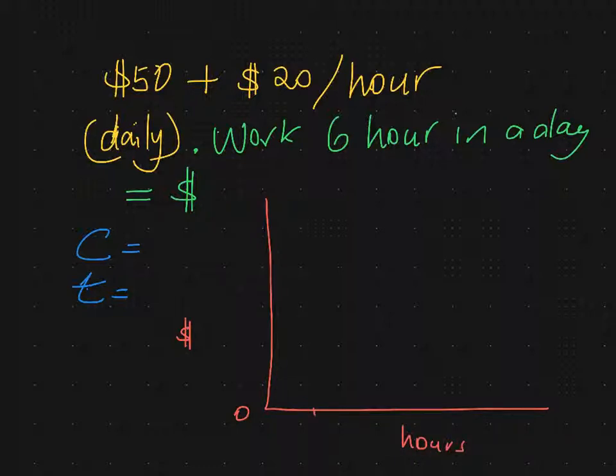So you're going to have 1, 2, 3, 4, 5, 6, and you're going to need some kind of money. So probably 50, 100, 150, 200, 250, etc.